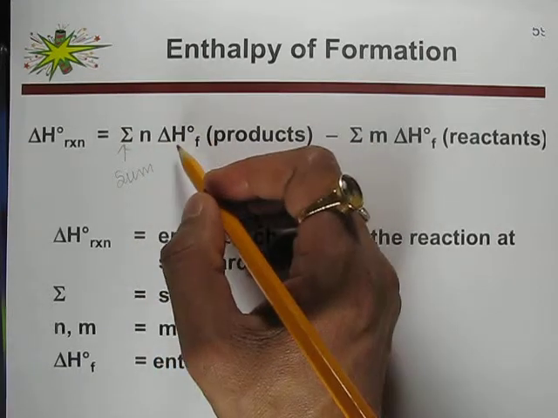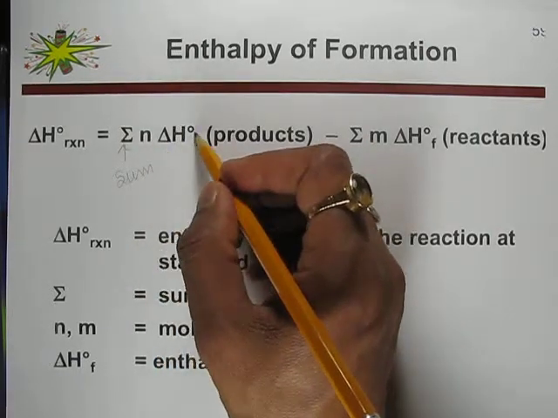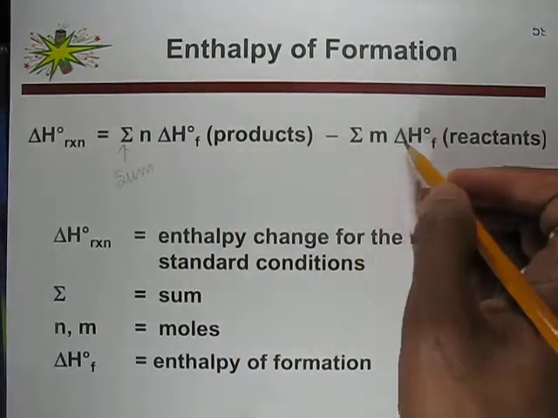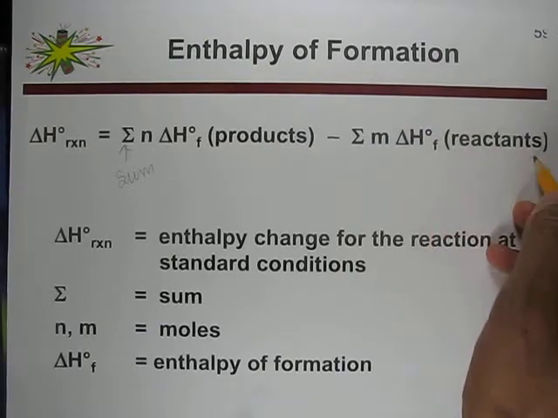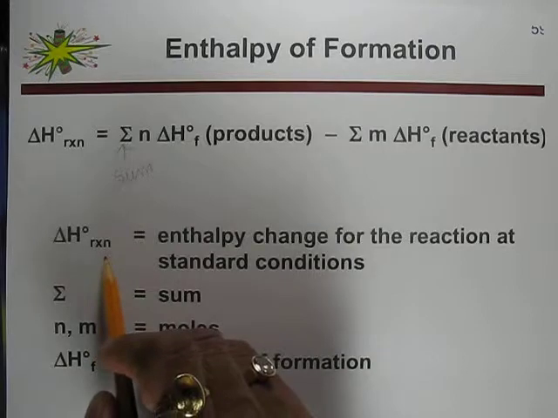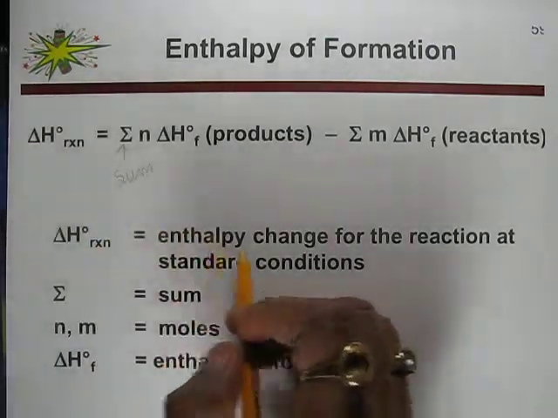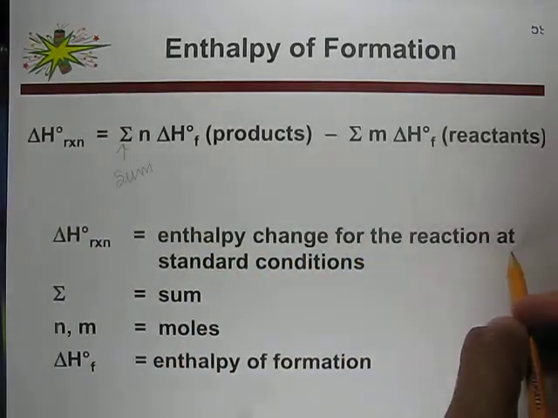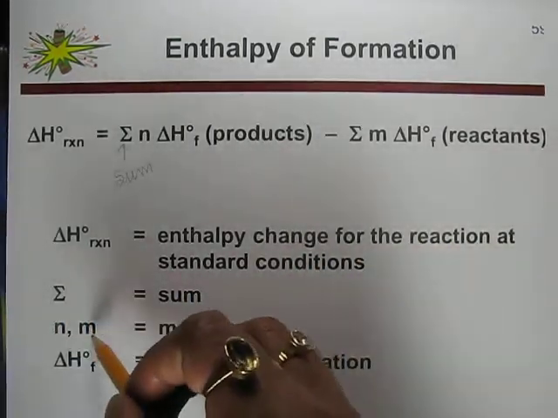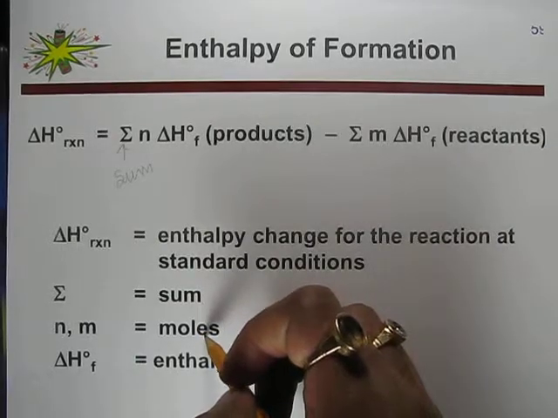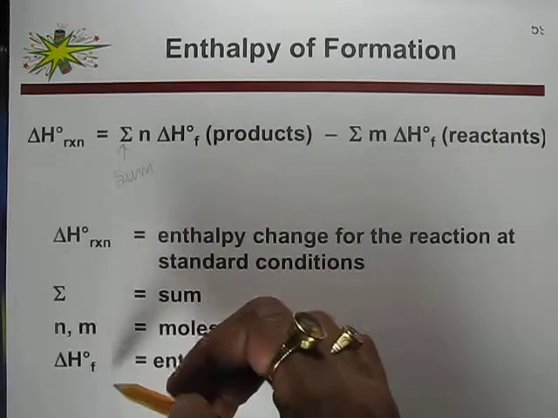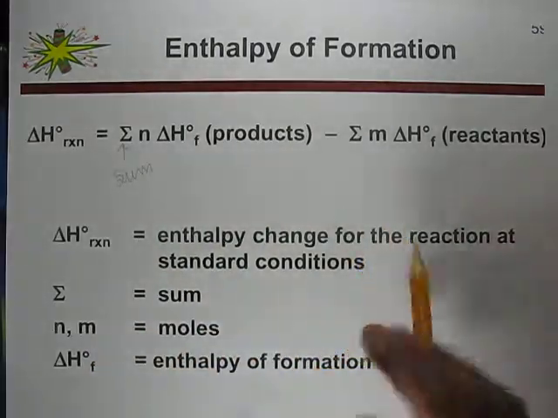Sum of small n standard enthalpy of formation of products minus sum of small m standard enthalpy of formation of reactants, where delta H 0 of reaction is the enthalpy change for the reaction at standard conditions, small n and m are moles, and delta H 0 f is enthalpy of formation.